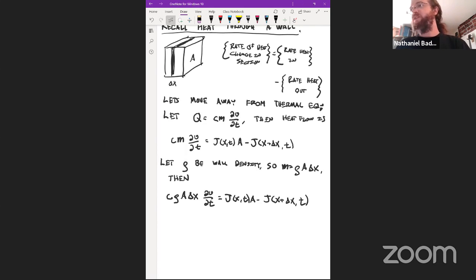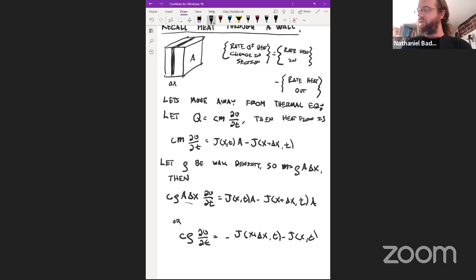Dividing both sides by a delta x, we get C rho partial u partial t is equal to minus J of x plus delta x, t, minus J of x, t, over delta x.